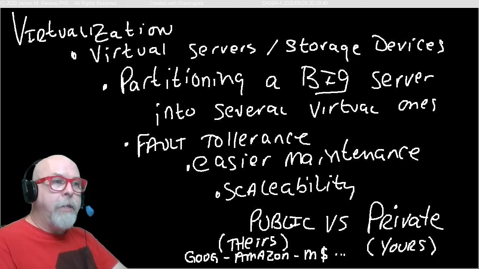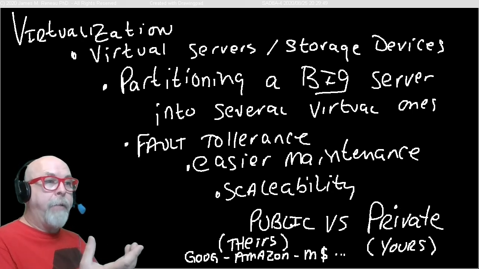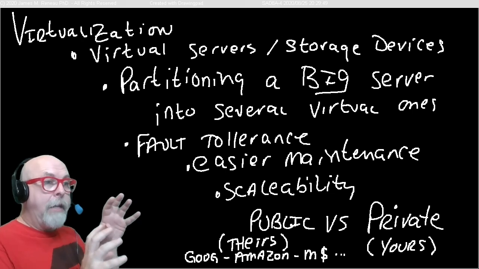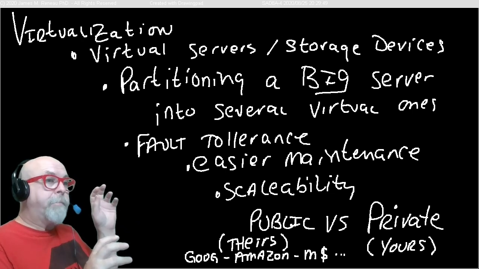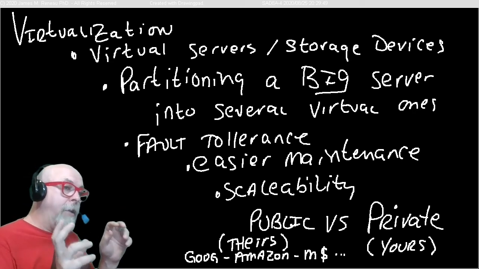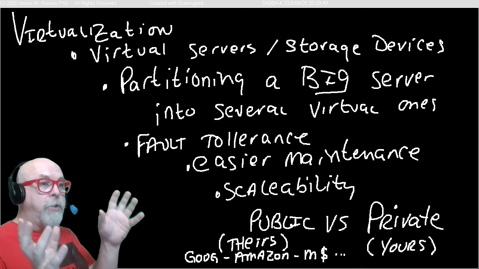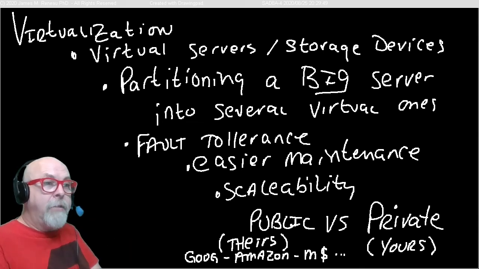I know the university several years ago bought a very large virtual server to run most of the university's applications. It's one big server, and then the servers to handle our email, and the servers to handle authentication, and the servers to handle our website are all virtual servers on top of that one big server.